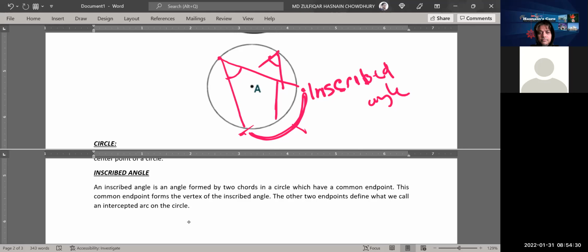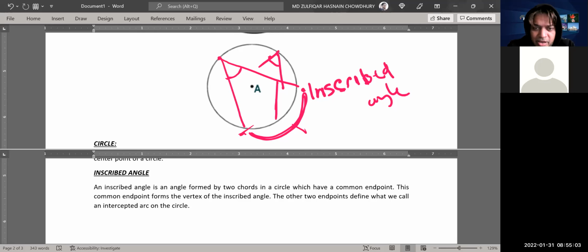What's the vertex of a central angle? The center. But what about the inscribed angle? The vertex is always on the circumference.